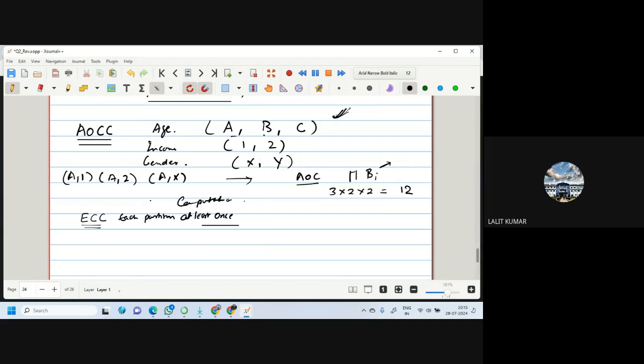We cover A1X, then B2Y, and for C I can select anything and I will be able to cover. For ECC, the formula is the max of Bi. Here the max is 3, so three cases. Is this okay?